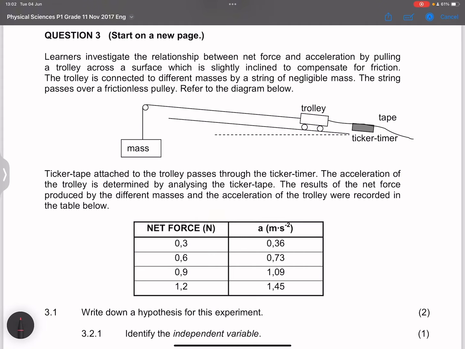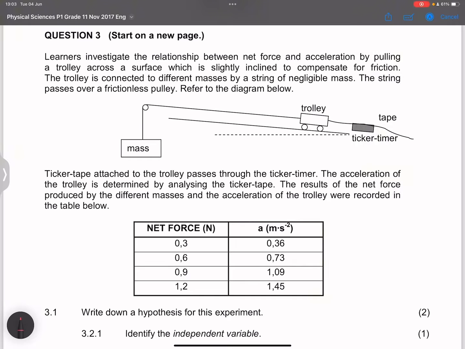They said learners investigate the relationship between net force and acceleration by building a trolley across a surface which is slightly inclined to compensate for friction. They say the trolley is connected to different masses by a string of negligible mass. The string passes over a frictionless pulley. Refer to the diagram below.